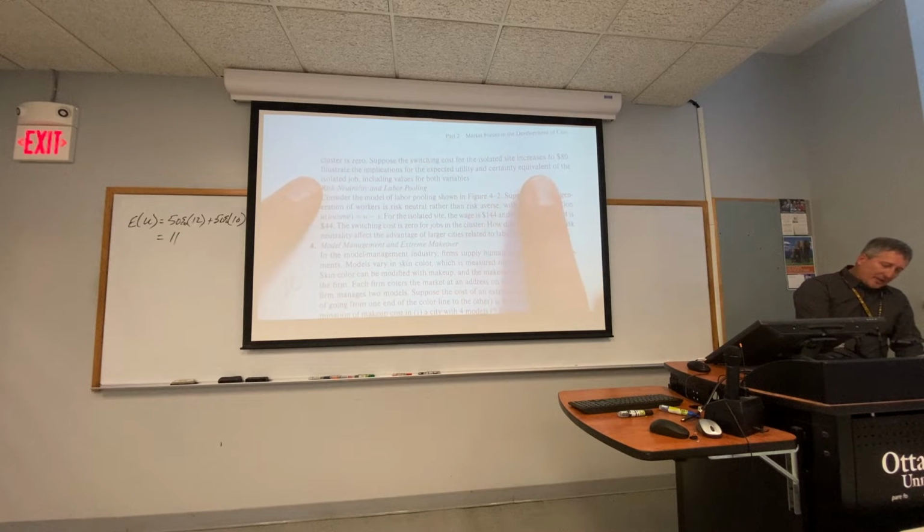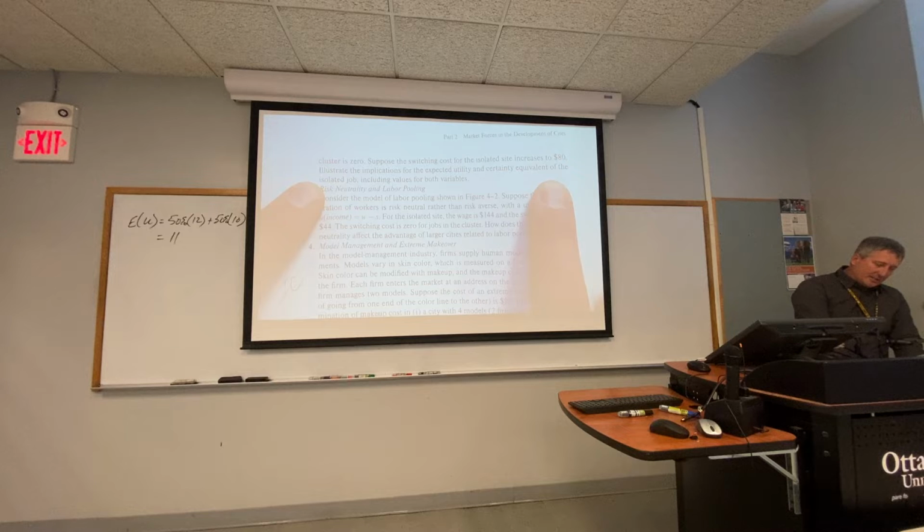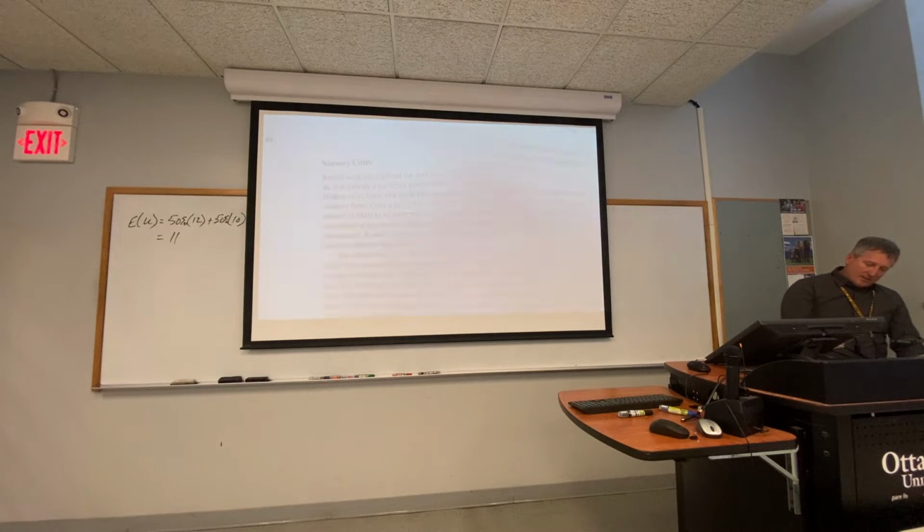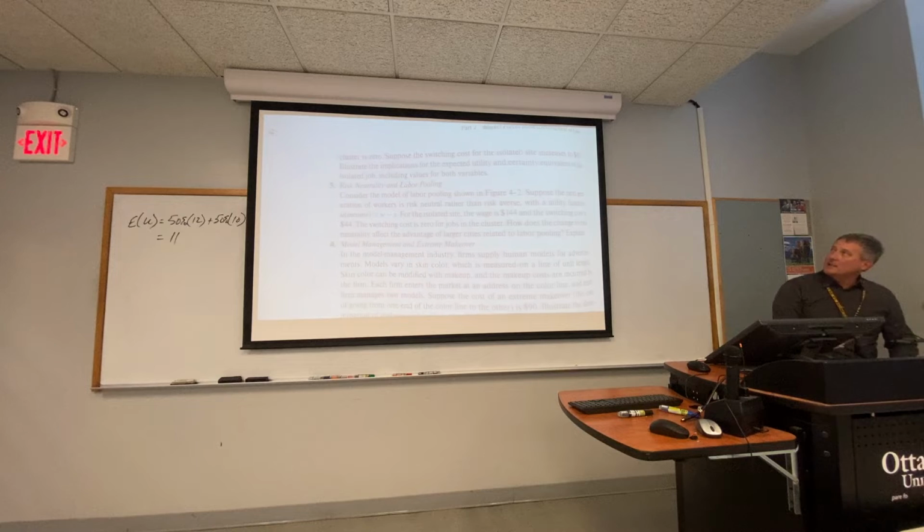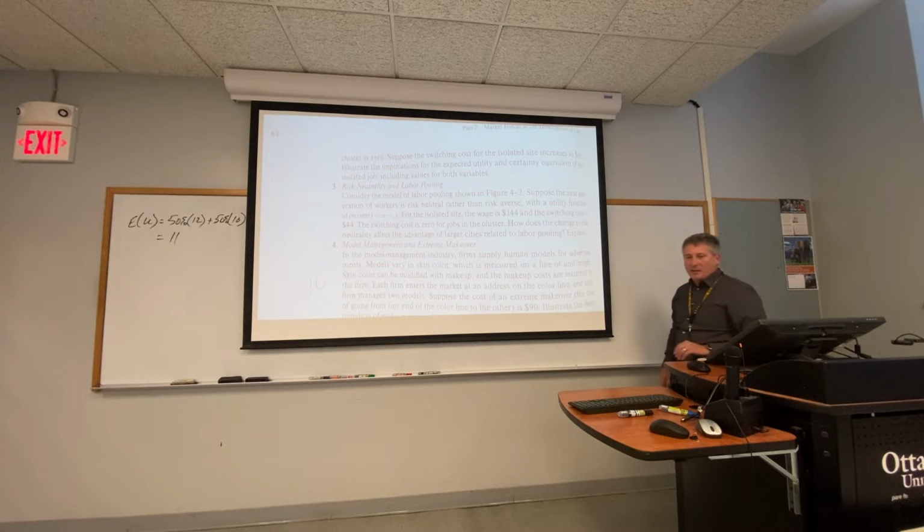Suppose the switching cost for the isolated site increases to 80. Illustrate the implications for the expected utility and the certainty equivalent of the isolated job. So the switching cost changes to 80.